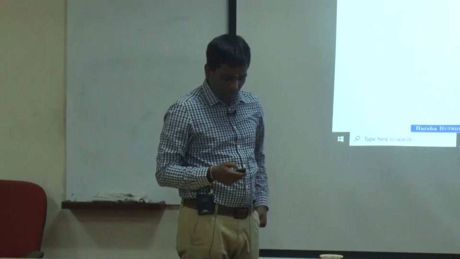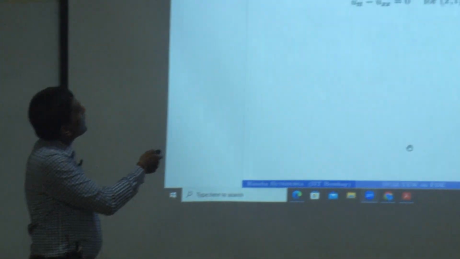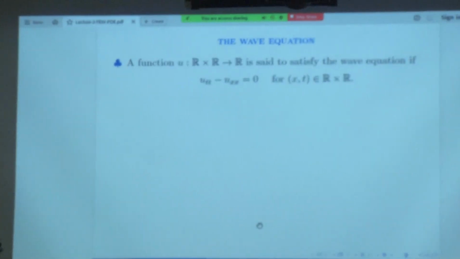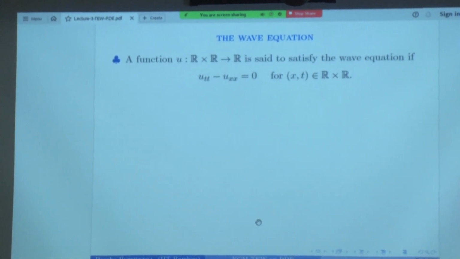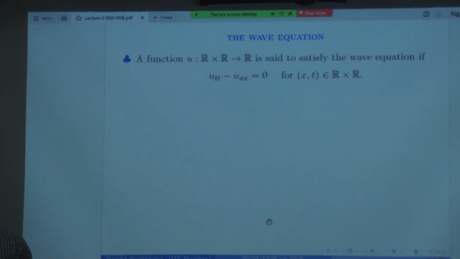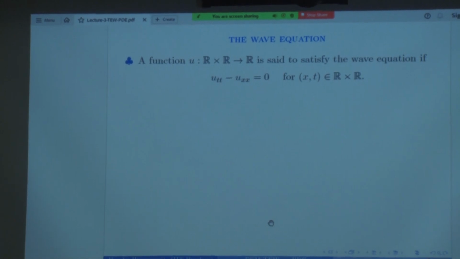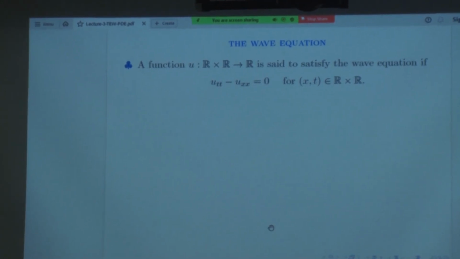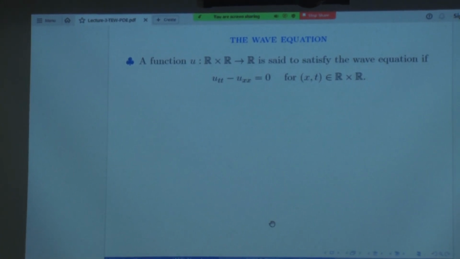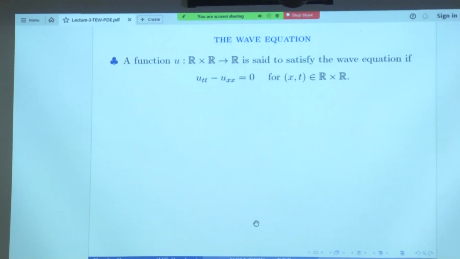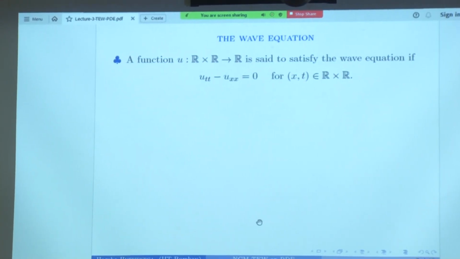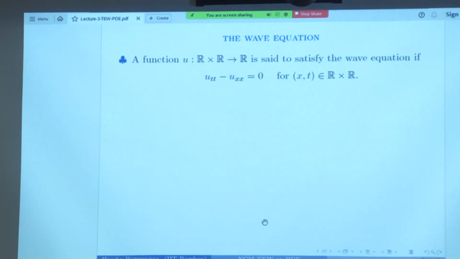You are looking for a function u such that if you differentiate twice in the t variable and twice in the x variable, those two things should match at every point x comma t. If that happens at every point in R cross R, you call that function u a solution to the wave equation.